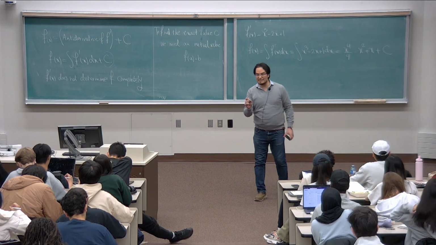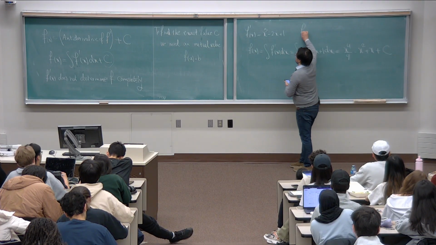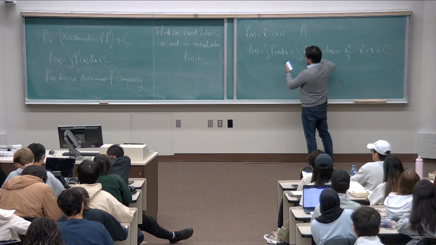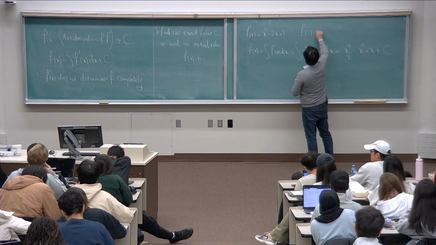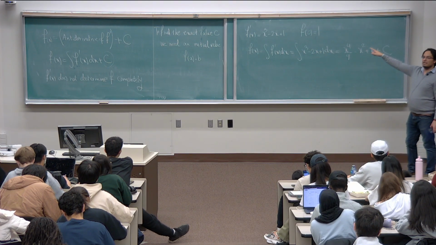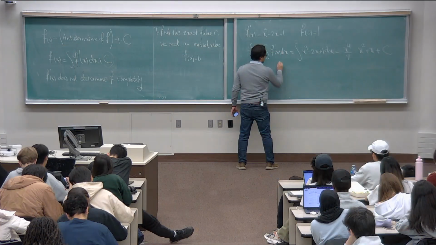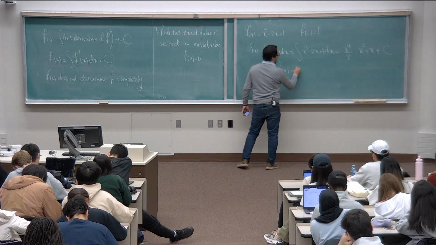Now, to fix that c, I need one value. So if this example, other than telling me what is f prime, tells me f at 0 is 1, then I can use that information. I know that f of x will have this form.